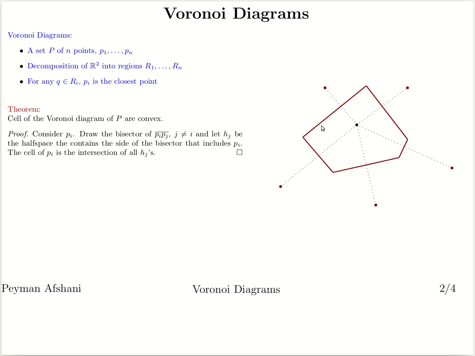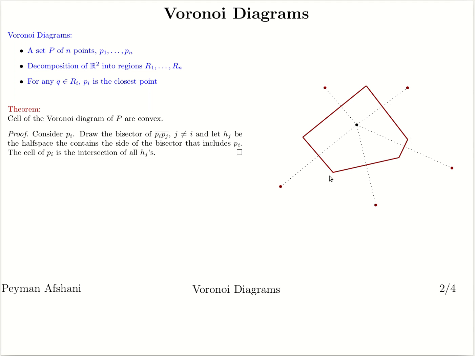So this will be another bisector. This bisector has 2 halves. The half that is closer to this black point, and the half that is closer to the red point. So the half that is closer to the black point is going to be a half plane, which is a convex shape. And so for every point in the input, we can do this procedure.